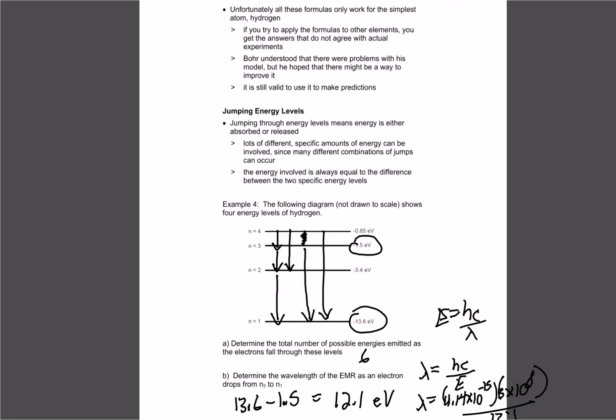And if we do that calculation, we get an answer of 1.02 to the negative 7 meters, which would be about 100 nanometers, 102 nanometers, which would be beyond violet. If violet's 350, in this case we would say it's likely ultraviolet radiation that would go from 3 to 1.